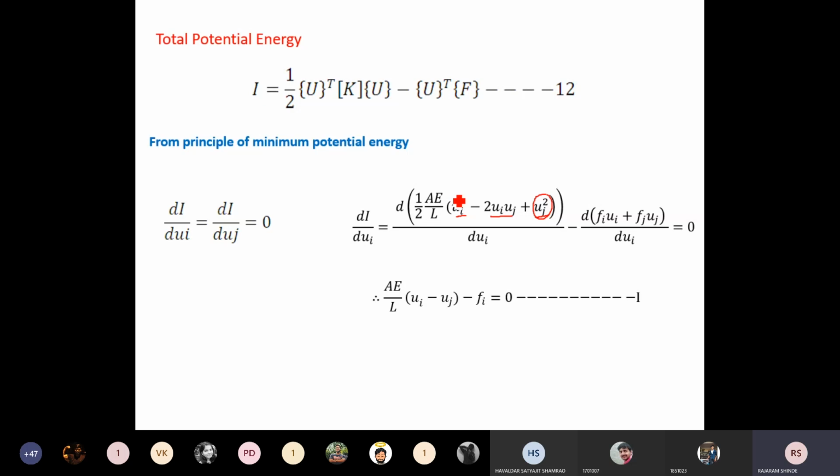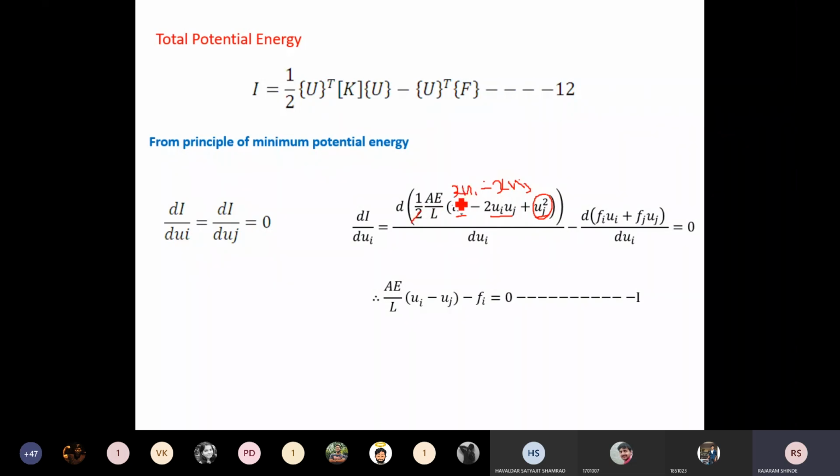The 2 is common in both terms, so I can cancel it with this 2.